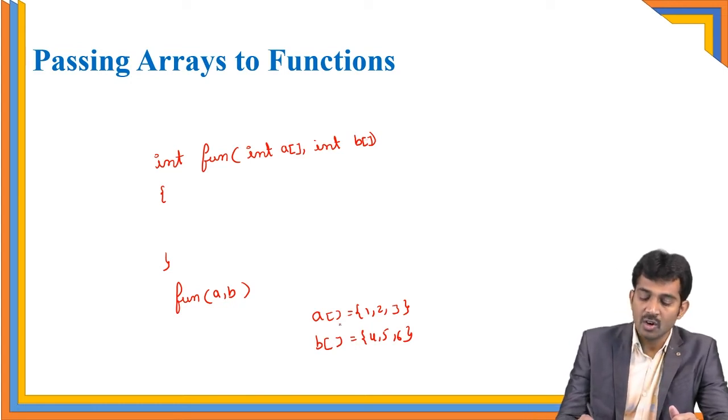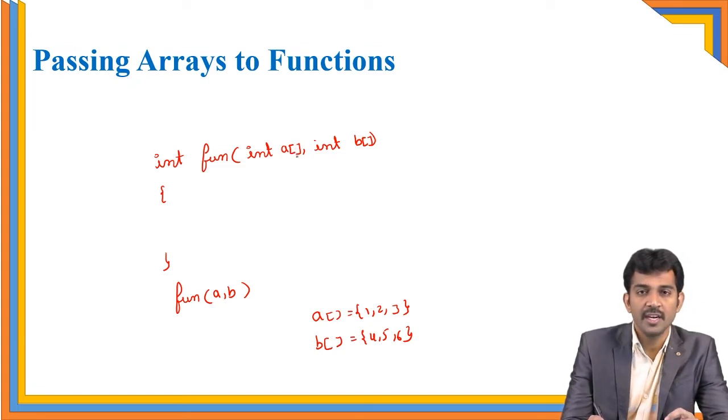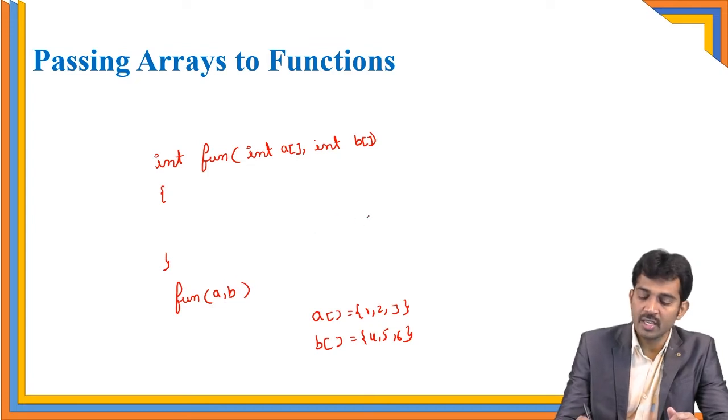Then what happened? Whatever you send from here, it is going to copy into this one. Not copy, it is going to create a reference. Suppose this is A, and A contains the data 1, 2, 3.